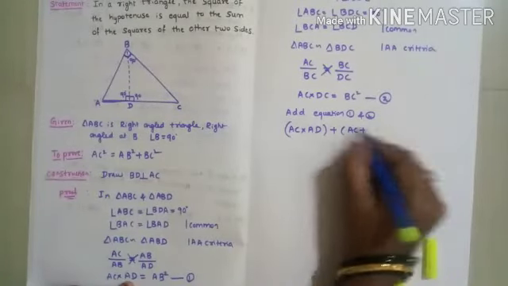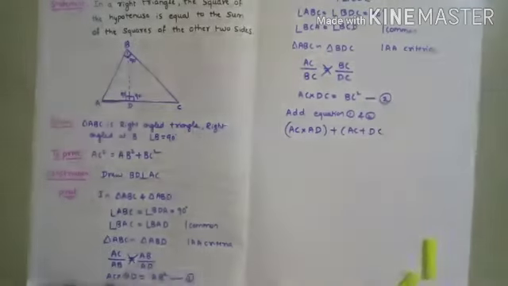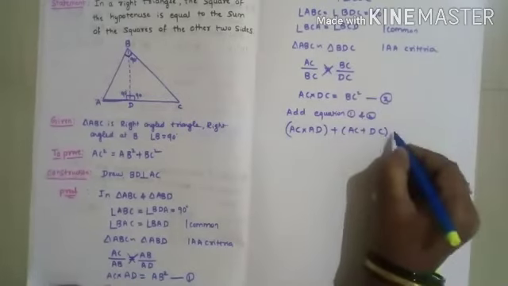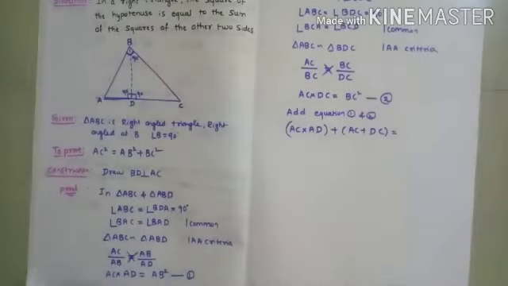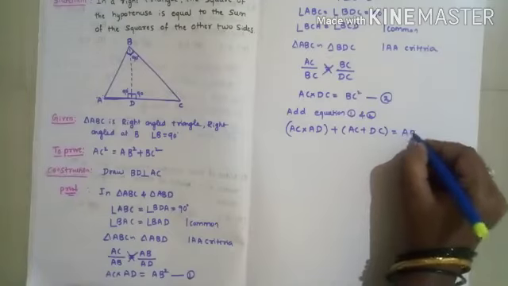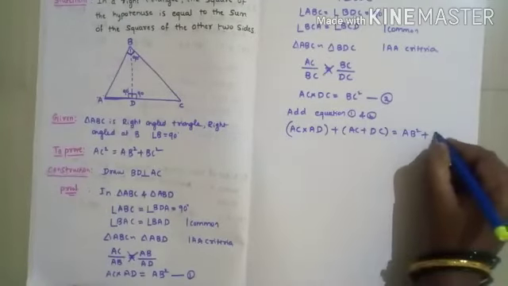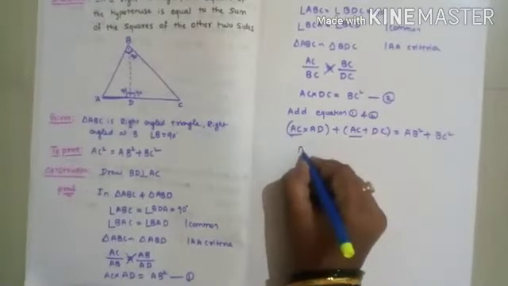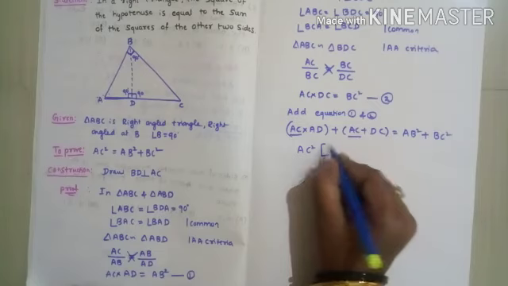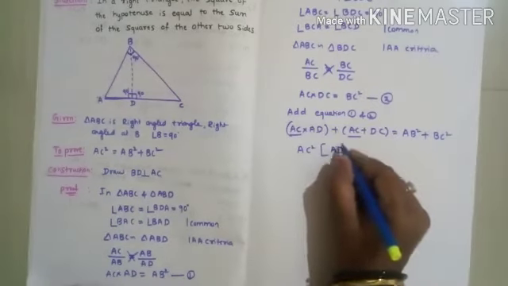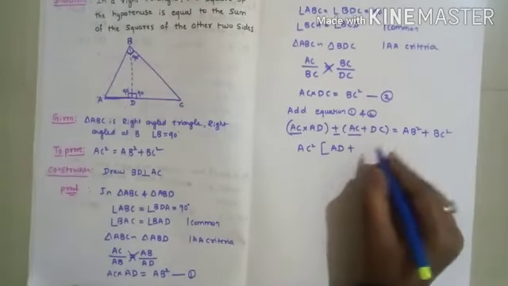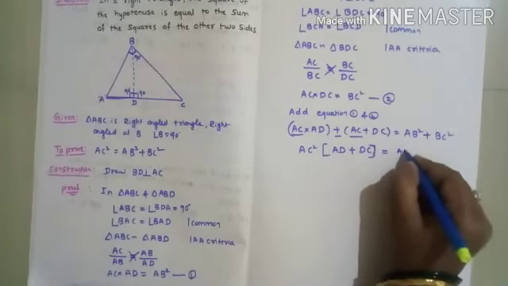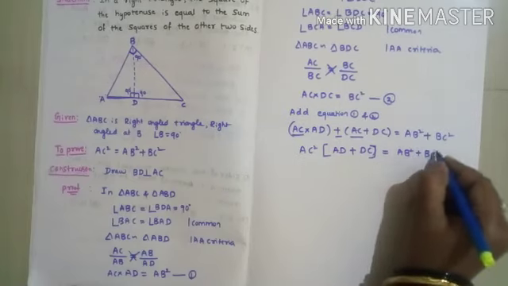AC into AD plus AC into DC is equal to AB square plus BC square. Now here AC is there, AC is there, you can take it common. AC, if you take common, inside what remains is AD plus DC, is equal to AB square plus BC square.